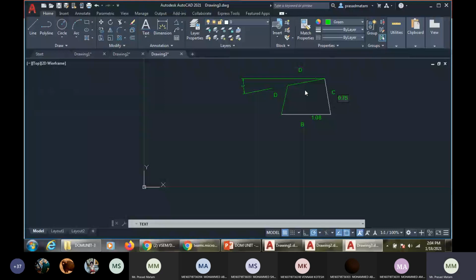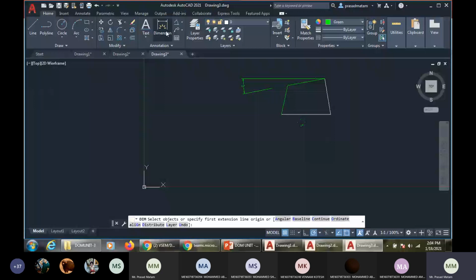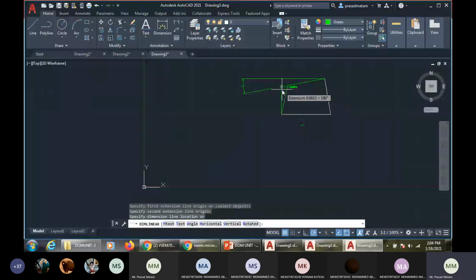Okay, D and C we need to measure. Got my point? Okay, now let us measure this. Angular.